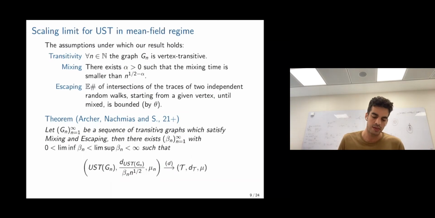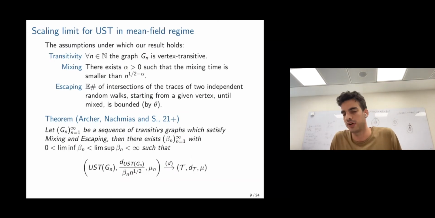This is the best we can achieve. For example, if we alternate between the 10-dimensional torus and the 20-dimensional torus, then we cannot have just one single beta, because each of them has a different beta d from the previous result. So we cannot guarantee that there exists only one single beta. We have to take this sequence, which might alternate a bit, but we indeed get the same convergence.